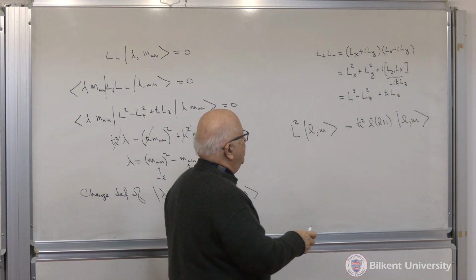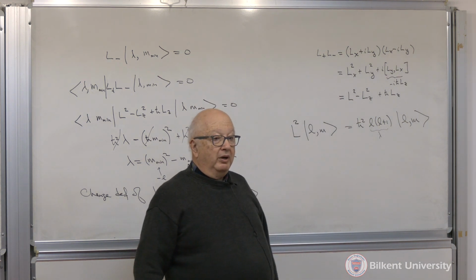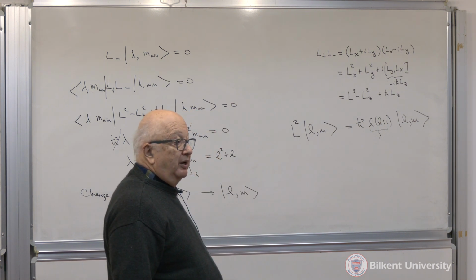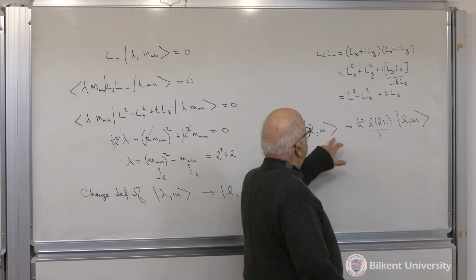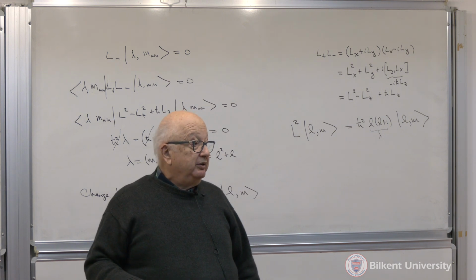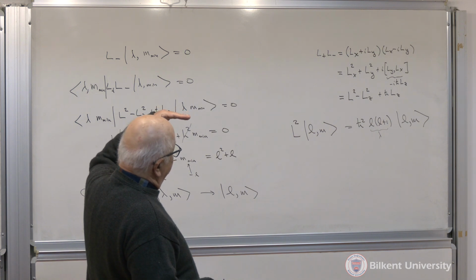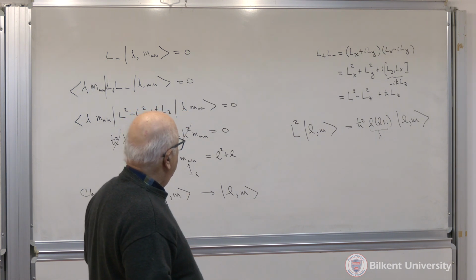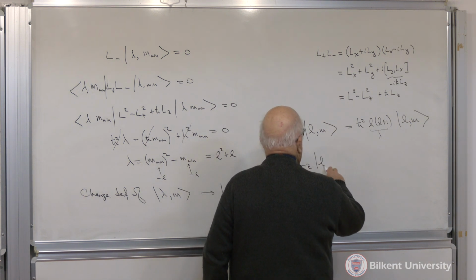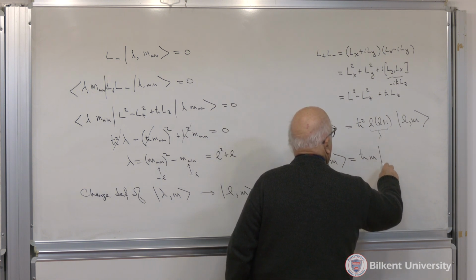It's the same thing, except that what I used to call lambda I'm now going to call L times L plus 1. I also rename the ket vector and the bra vector so that they are labeled by the number L, which is the maximum value that m can take. The z part doesn't change: Lz acting on Lm is h bar times m times Lm.